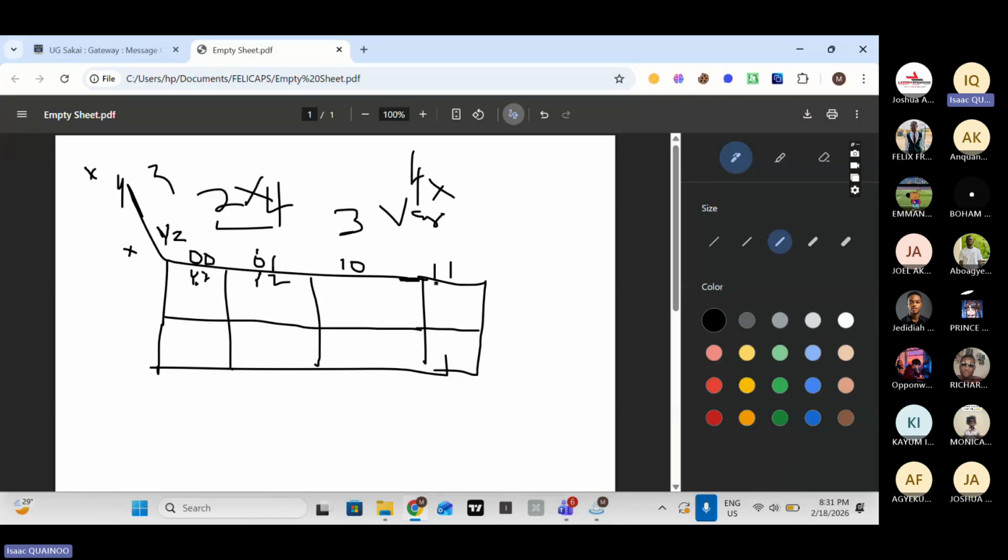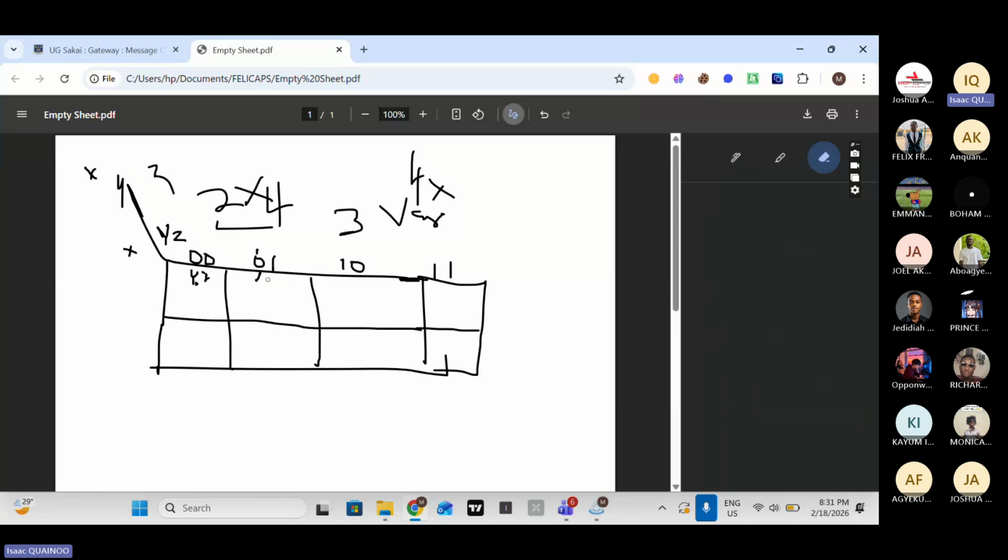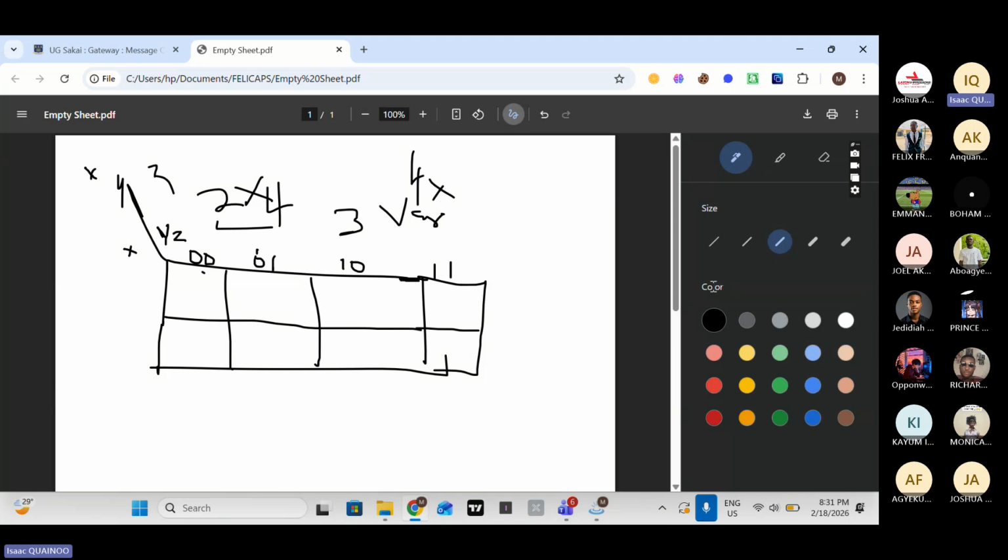Moving forward, it becomes very important that you know that the first number here is your Y value and the second is your Z value: Y value, Z value, Y value, Z value.